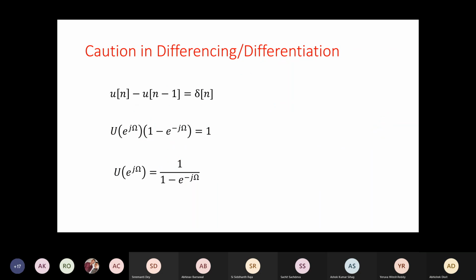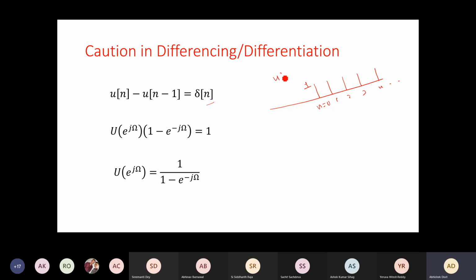So let us look at one equation. Suppose I say u[n] minus u[n-1]. This relationship we have already seen. It's an impulse function, right? You know u[n] is like this, and 0, 1, 2, 3, 4 up to infinity, so it takes a value 1.